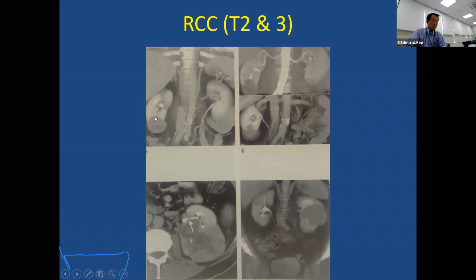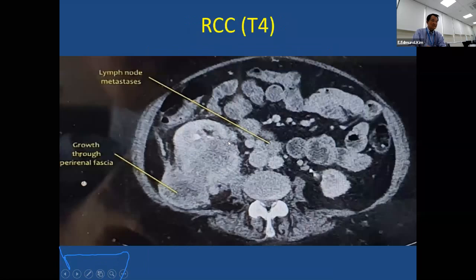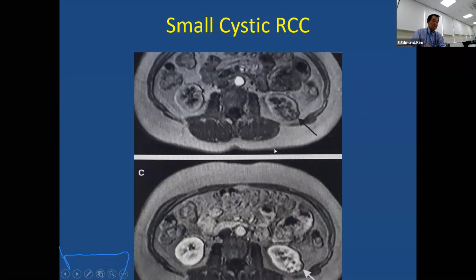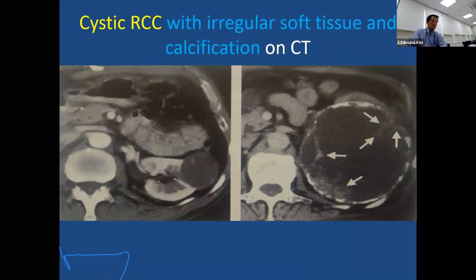Big, small, as I said, greater than 7, less than 4 is the stage. Even with a large size, you usually don't see hydronephrosis, but regional retroperitoneal lymph node metastasis. A tiny little bump outside is very difficult to diagnose, so watch with ultrasound and other things.